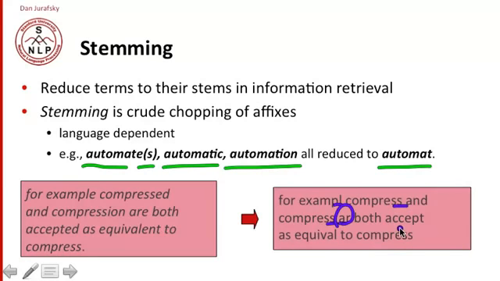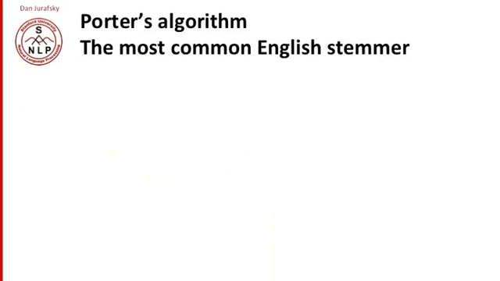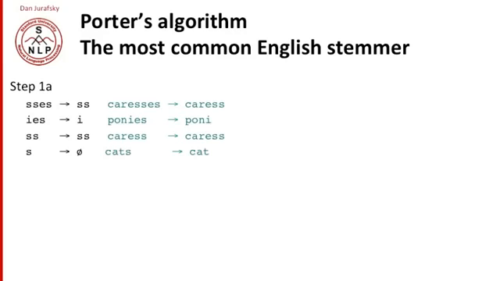The simplest algorithm, the most commonly used one for simple stemming of English, is the Porter algorithm. And Porter's algorithm is an iterated series of simple replace rules. So, for example, one set of rules, step 1a, takes strings like SSES and replaces them with SS.